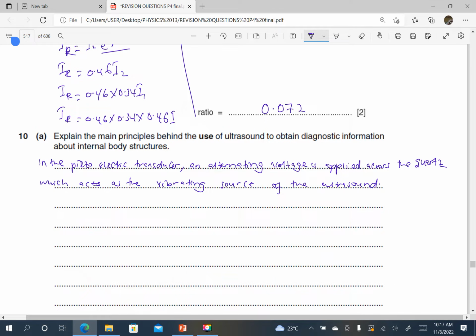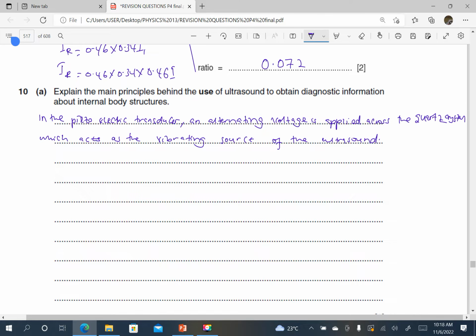So we have finished producing ultrasound. In the piezoelectric transducer, an alternating voltage is applied across the quartz crystal, which acts as the vibrating source of the ultrasound. So the quartz crystal, when we apply a PD across it, vibrates to produce ultrasound.